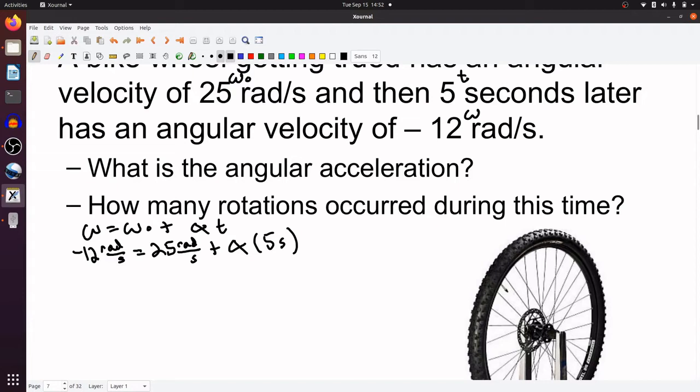And that's going to give me negative 7.4. And notice this will give you negative 7.4 radians per second squared. So just like meters per second squared, but now we're dealing with radians per second squared. The acceleration is negative, and it makes sense since it was slowing down.